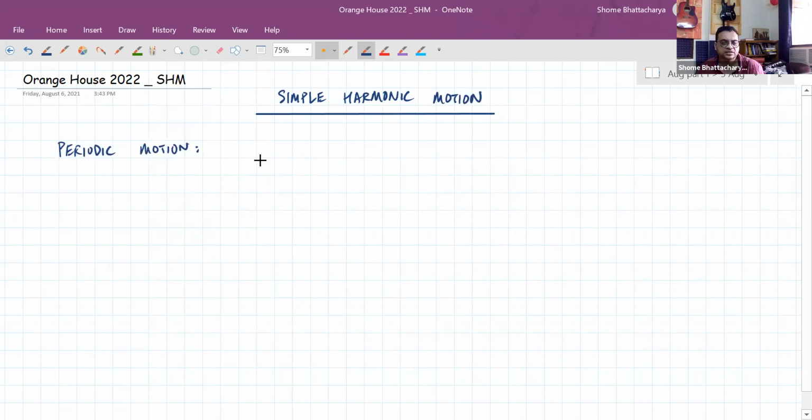Any type of motion which is repetitive and repeats with a definite cycle or repeats with a definite time period is called a periodic motion.